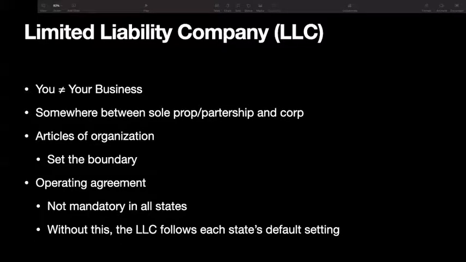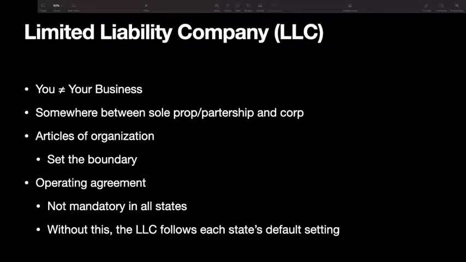So this one sets a boundary of everything of this business, the profit and profit sharing if you have more than one owner of this LLC, and expenses and liability and everything. So this is basically the counterpart of Schedule K1 of the partnership.